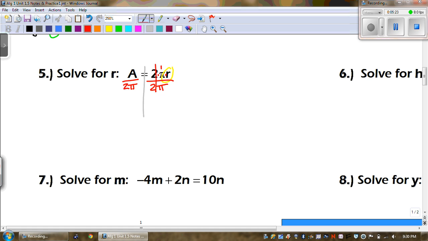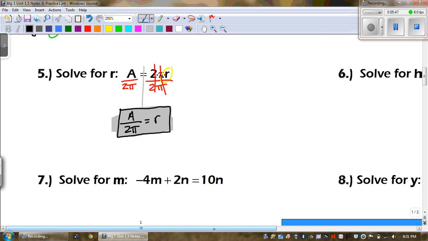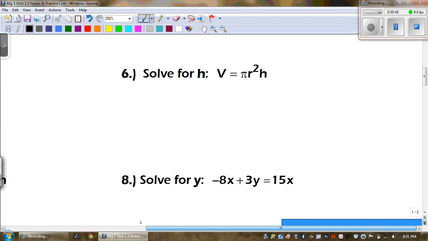So the 2's cancel, the pi cancels, and we're left with r equals, and remember the a is on top, and the 2 pi is on the bottom. This type of math I love because really all you're doing is moving things around, okay? That's it. There's no real hard, complicated steps that we're doing.